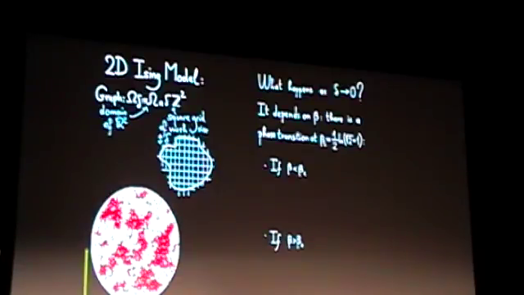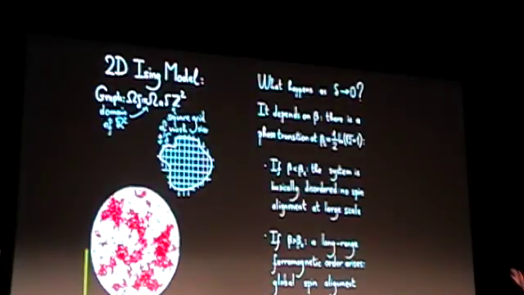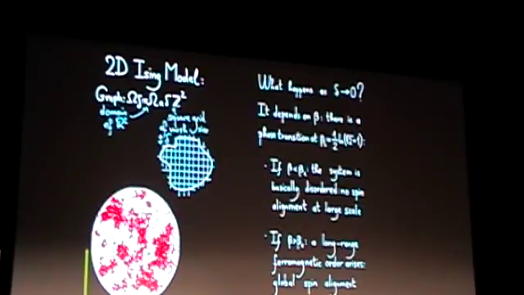The behavior for beta larger and smaller than this beta critical is drastically different. For beta smaller than beta critical, the system is basically disordered.